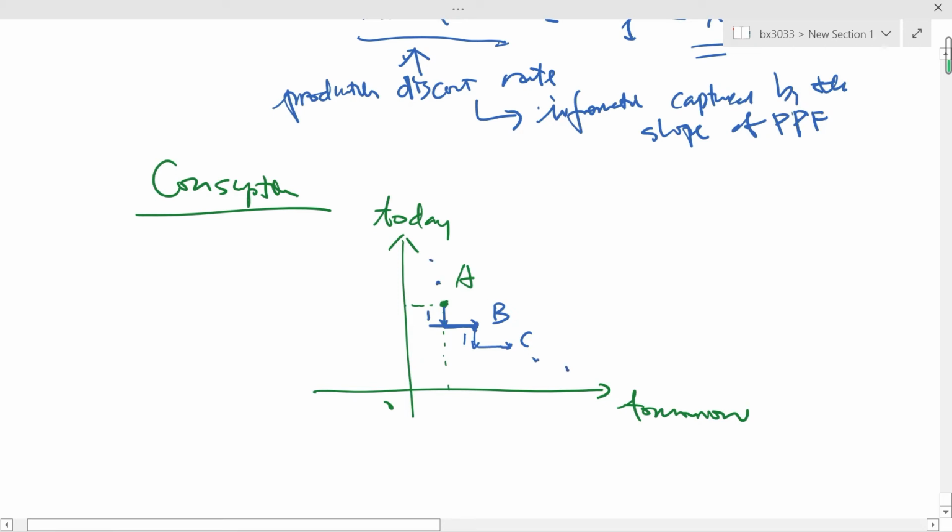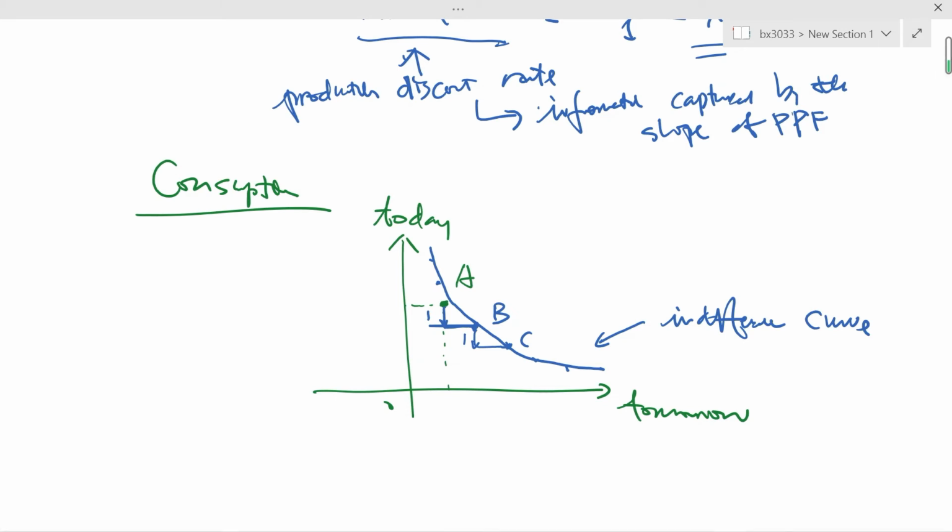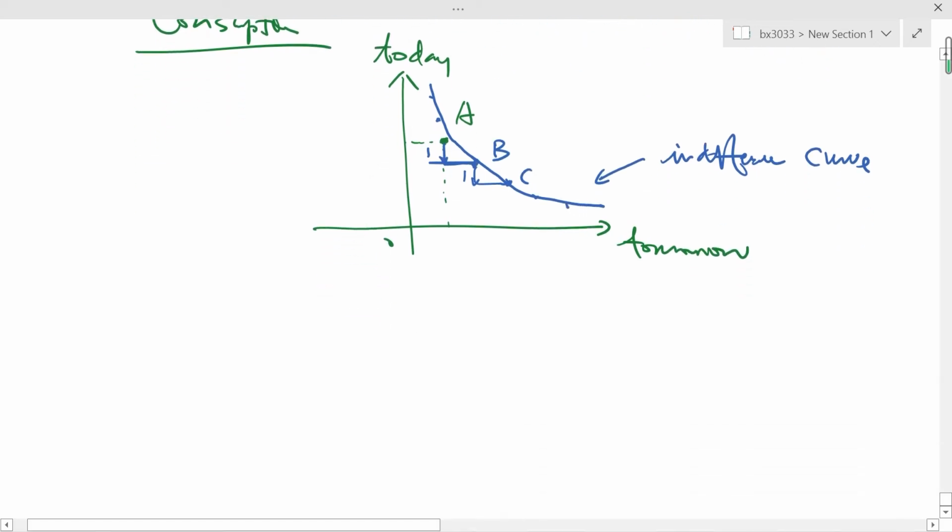We can get many of these points. Link all these points together. We construct a curve. We call this the indifference curve. On every point on this curve, consumers derive the same level of utility.